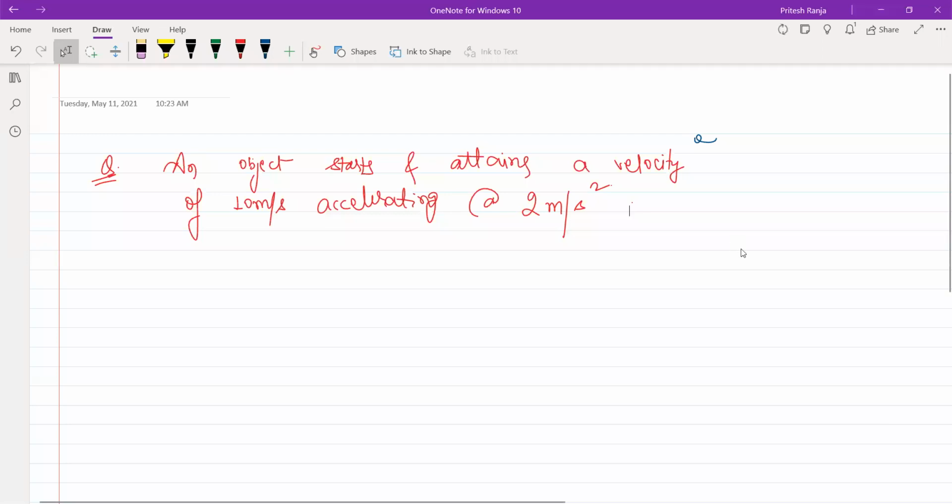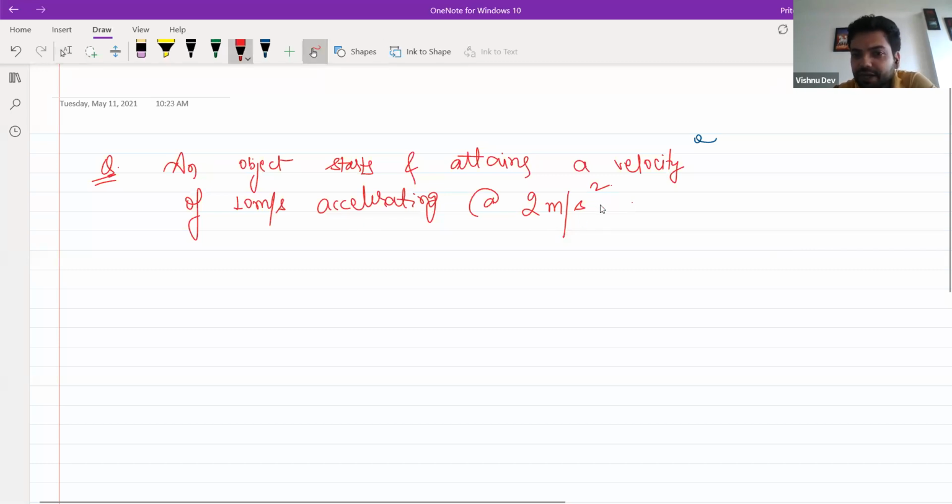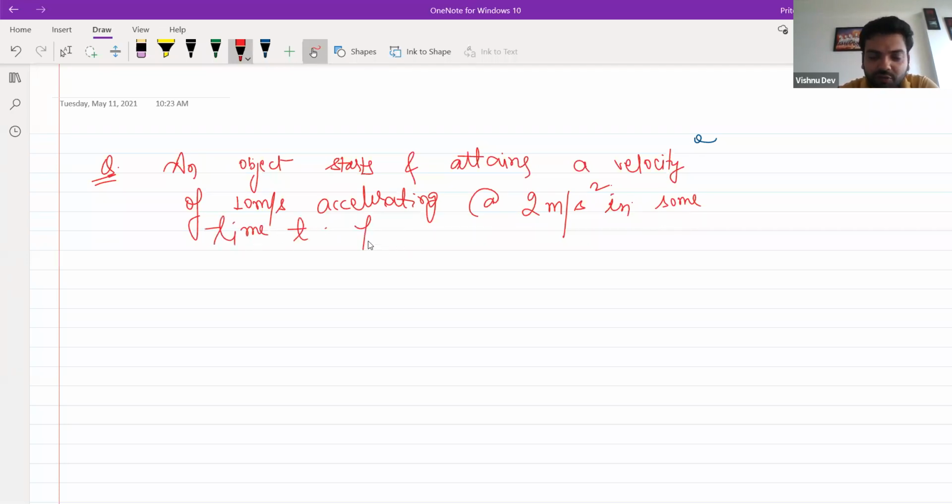Okay, yes. So the object starts and attains a velocity of 10 meter per second, accelerating at 2 meter per second square, in some time t. You have to find the distance traveled.